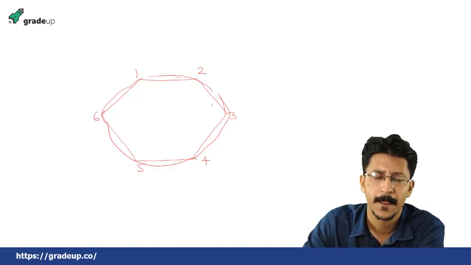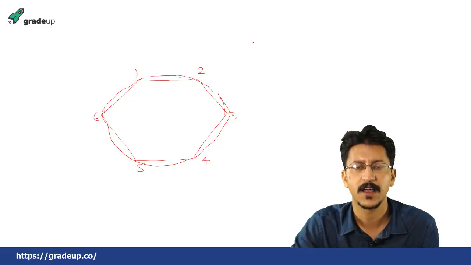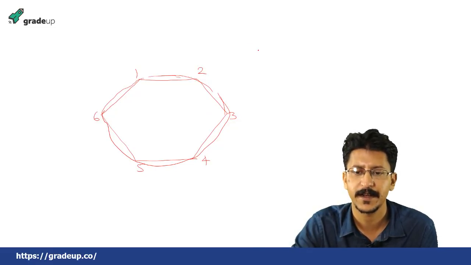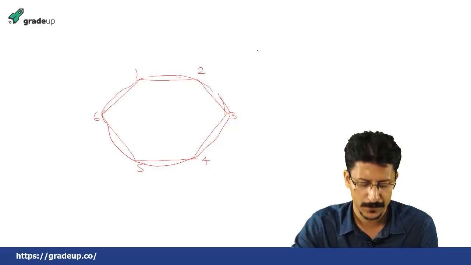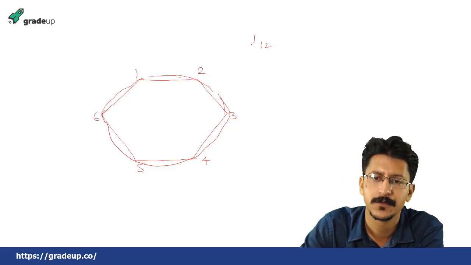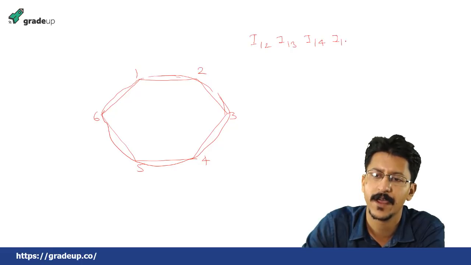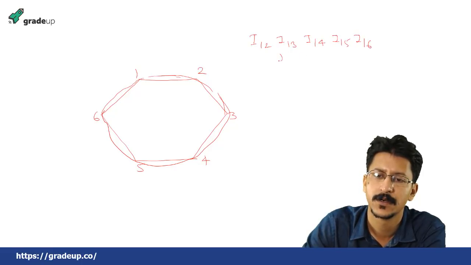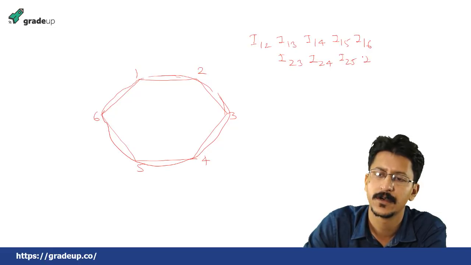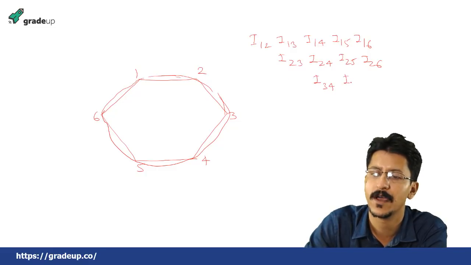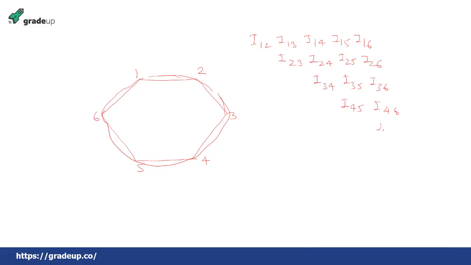Then you write down which of the others you have to find out. Let me write it again here: I12, I13, I14, I15, I16, I23, I24, I25, I26, I34, I35, I36, I45, I46 and I56.